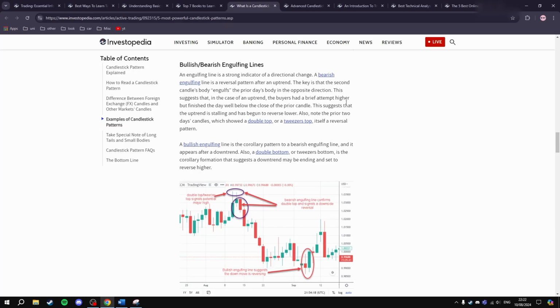The key is that the second candle's body engulfs the prior day's body in the opposite direction.